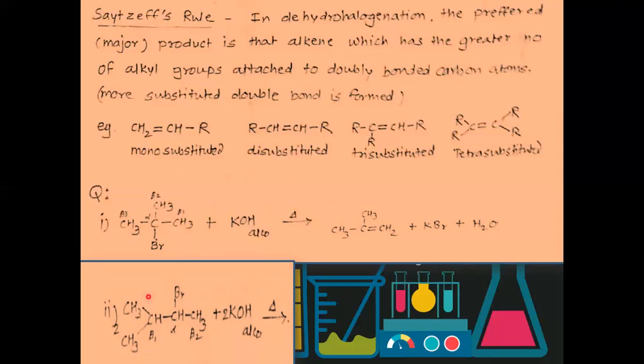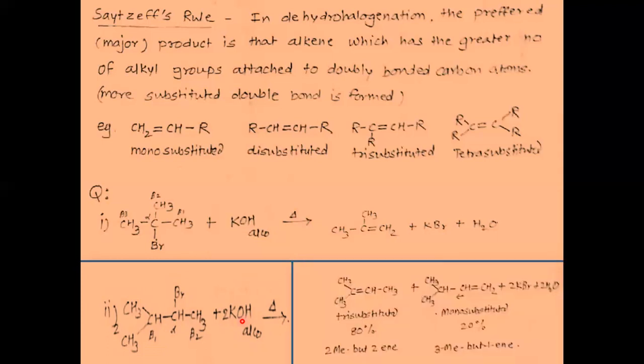Second example, CH3CH(CH3)CHBrCH3. Now this is beta 1 and this is beta 2, plus alcoholic KOH. So which is the major product? See here, it is tri-substituted.